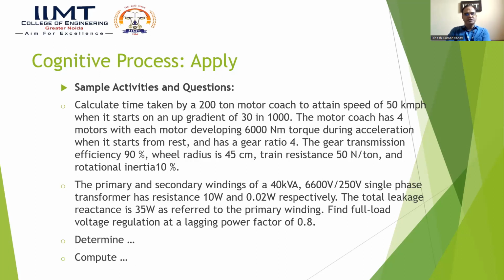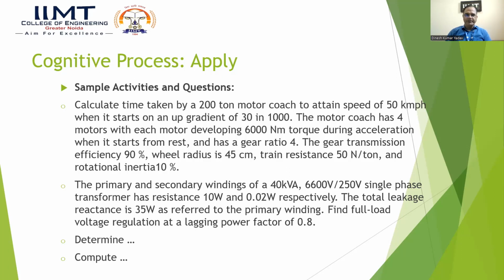This is one such sample activity mentioned here. A numerical is being given in which the student is required to calculate the time taken by a 200-ton motor coach to attain a speed of 50 km per hour when it starts on an upgradient of 30 in 1000.